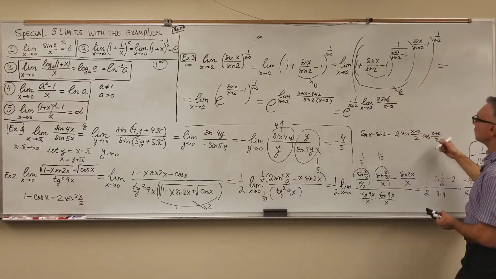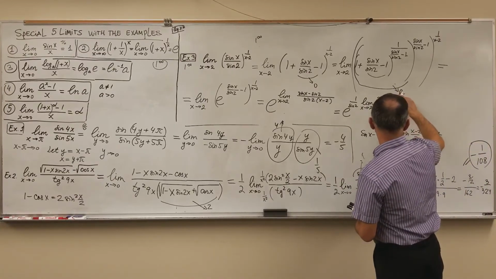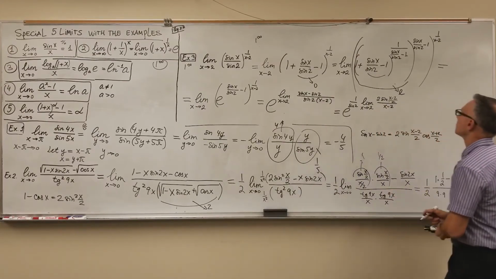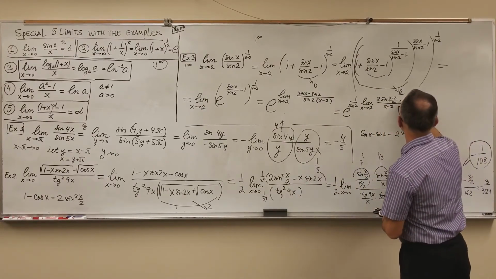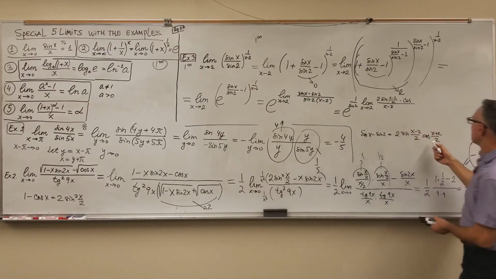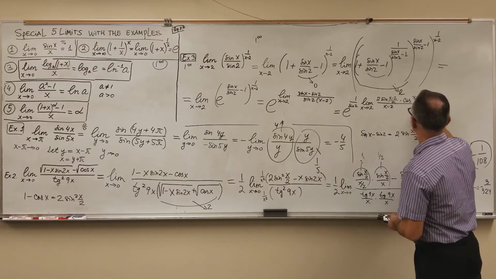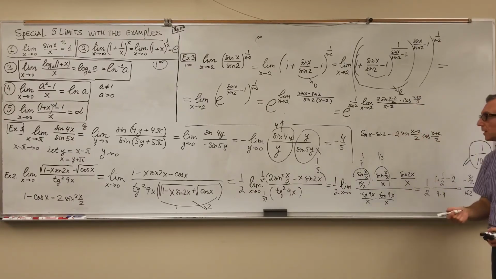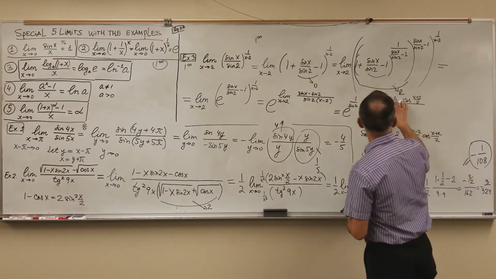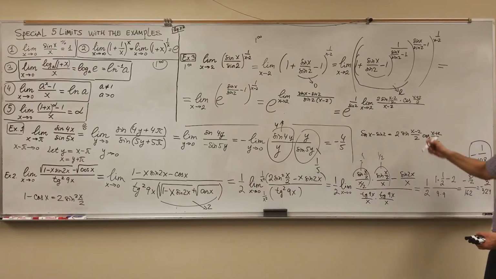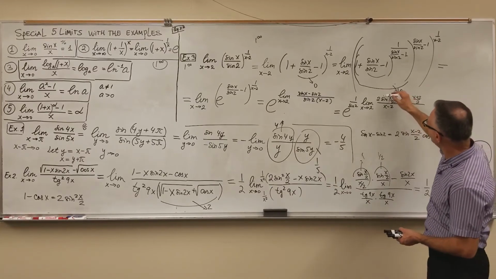Just follow that formula: 2 sine of (x minus 2) over 2, and also multiplied by the cosine of (x plus 2) over 2. I hope that's clear. This is over 2. And again, x goes to 2.